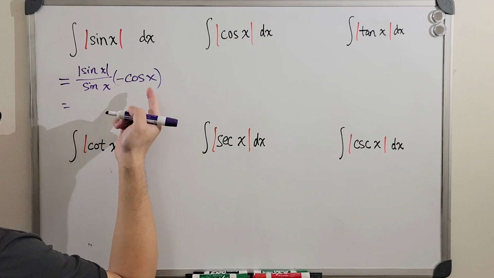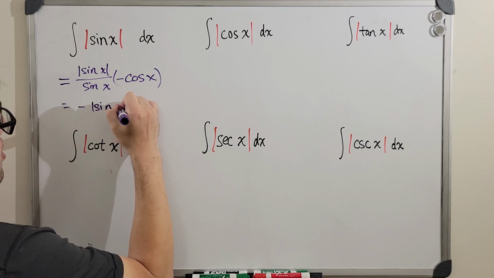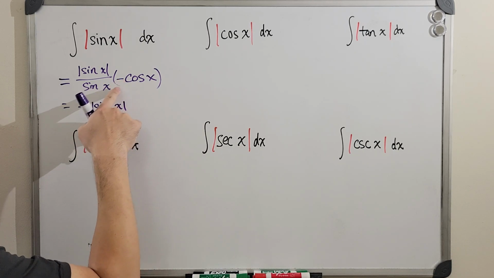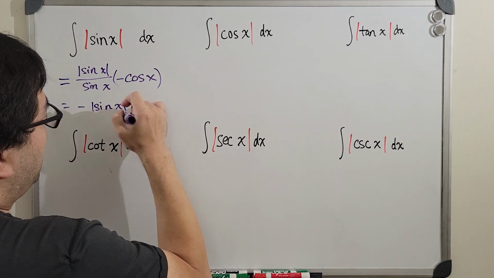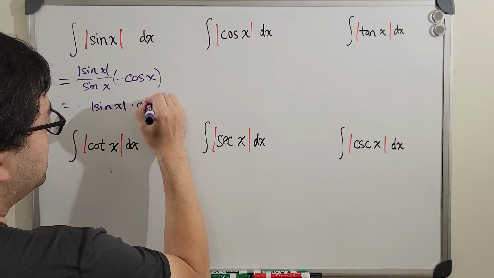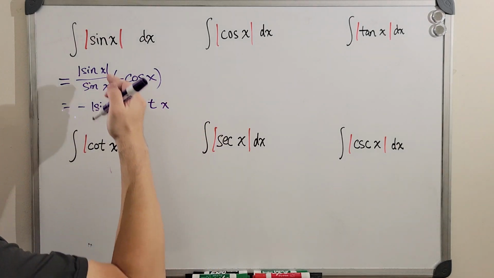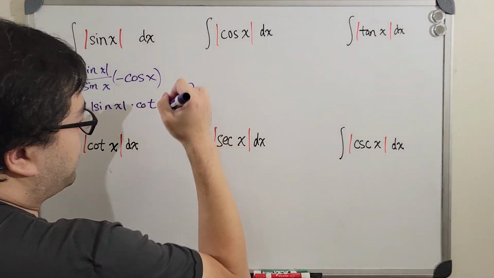Okay? In other words, we can now combine it as absolute value of sine of x times the negative, which we actually bring in the front. And then times, what is cosine over sine? Of course, cotangent. And this is how we can actually get our answer quickly within a minute. And of course, don't forget we have a plus c.